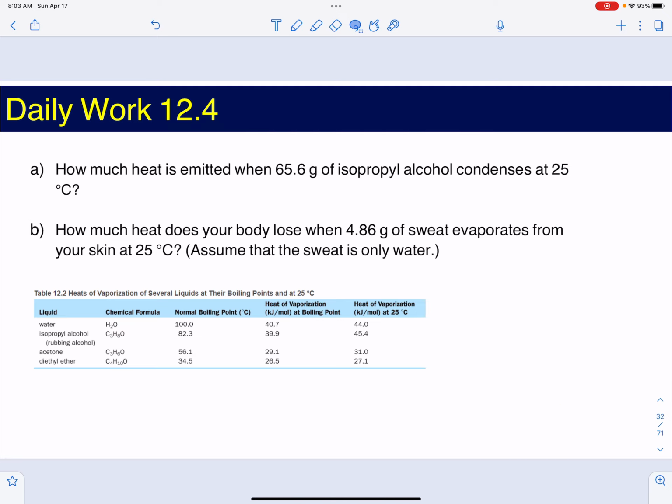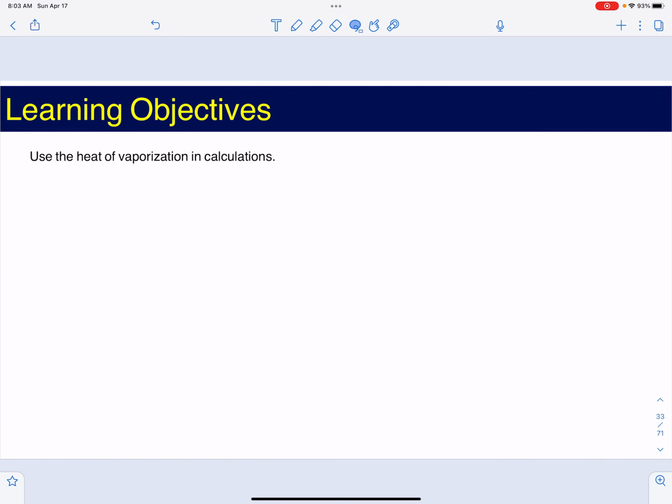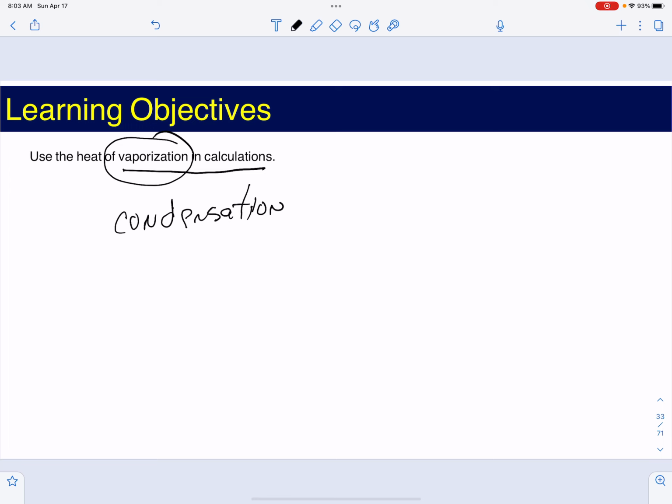And once you're done with that one, we can say that pending more practice in Alex, we are now knowledgeable. And we're just looking for mastering with practice on how to do calculations involving vaporization or condensation, which is the opposite process.